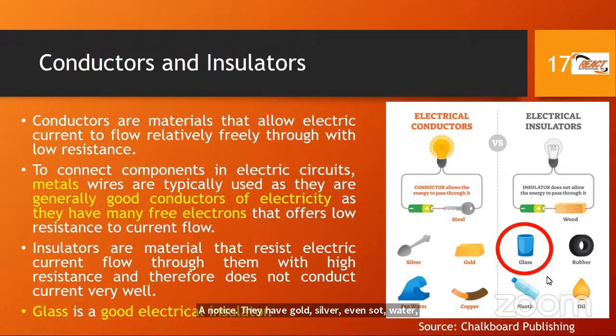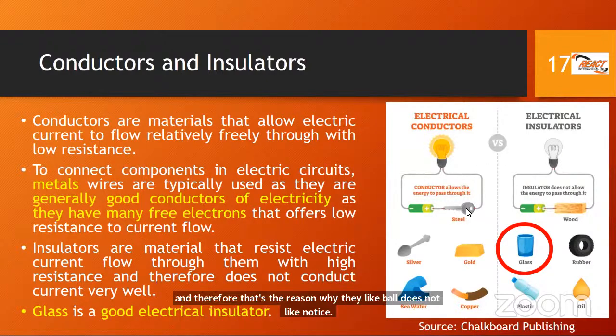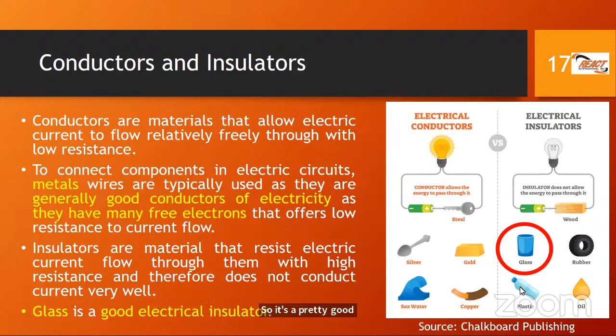And then we have insulators on the right-hand side. Notice there's a circuit here as well, an electric circuit. There's the battery, there's the light bulb, but there's a block of wood. Well, guess what? That wood will not conduct the electricity, and therefore that's the reason why the light bulb does not light. Notice on this side, it's very bright because you have steel on this side here, so it's a pretty good conductor. And we have insulators: rubber, plastic.